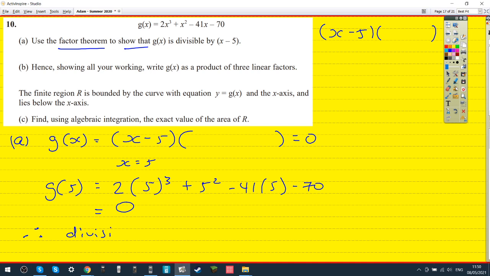Therefore, it's divisible by x minus 5. So just like with this up here, if you sub in 5, you get 0. So x minus 5 must be a factor. B.